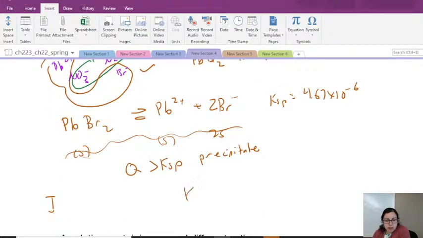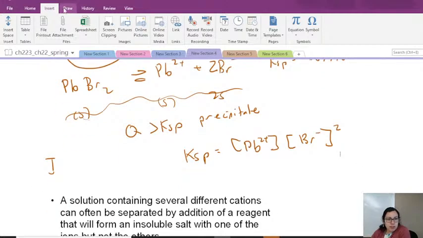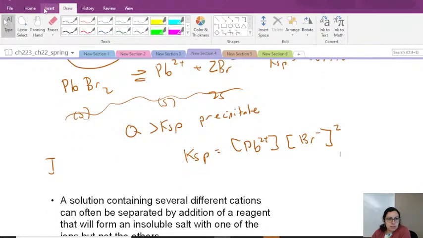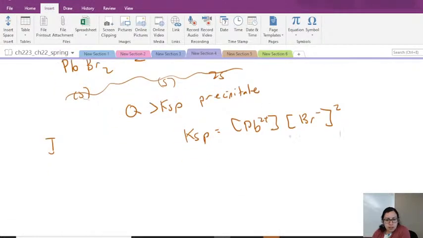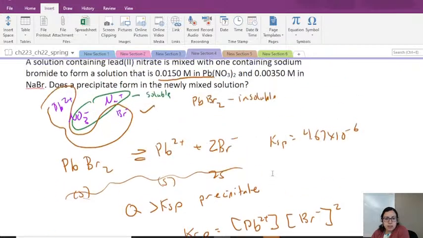And so let's write our KSP expression. So it's going to be lead times our concentration of bromide, squared. So now we're plugging in our values. And so now this is our Q snapshot. And so it's 0.015 in lead.